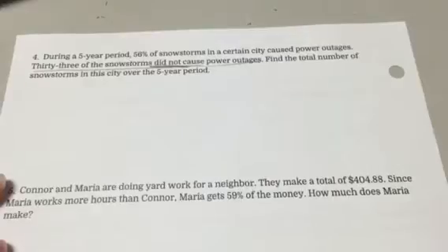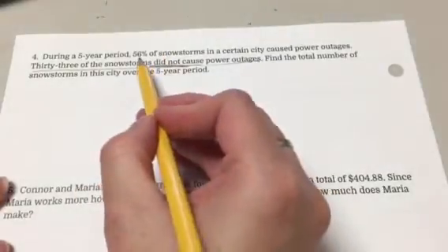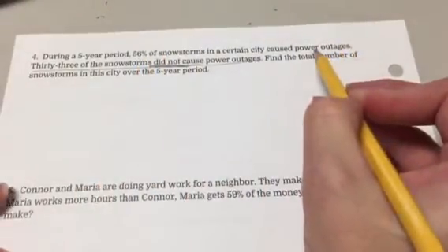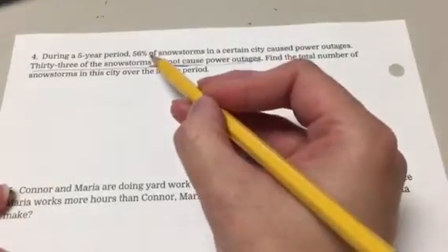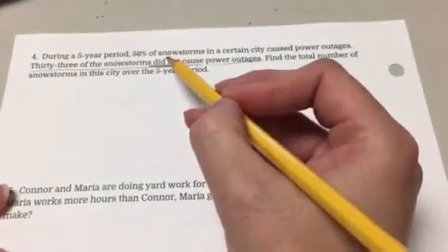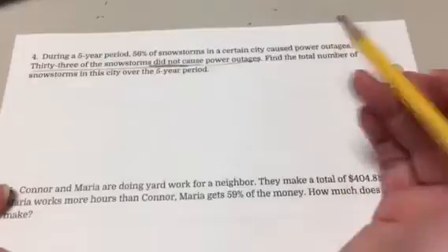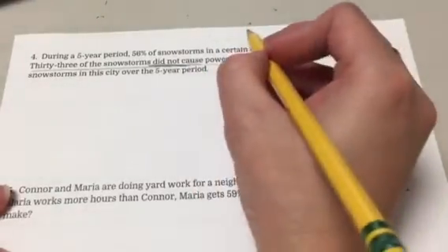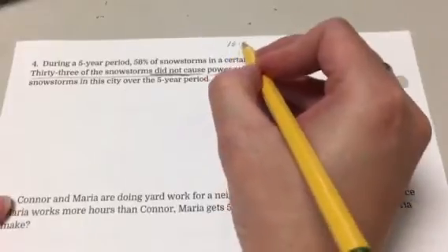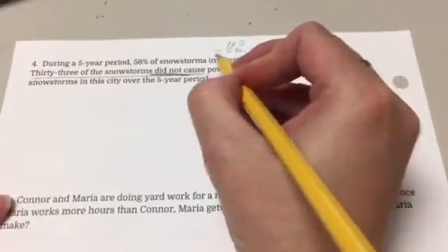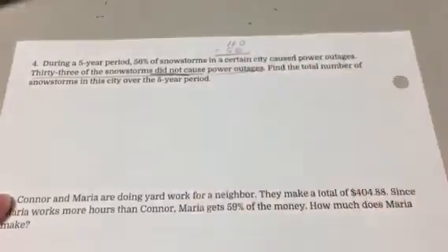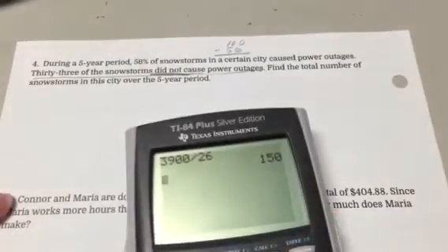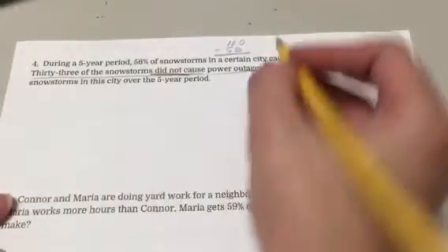Okay, well, if I know 56% cause power outages, it's 56% out of 100%. So what percent didn't cause power outages? Because I have a number of those. So what I would do is take 100% and subtract 56%. If you have trouble borrowing, do it on your calculator. 100 minus 56% would be 44%.